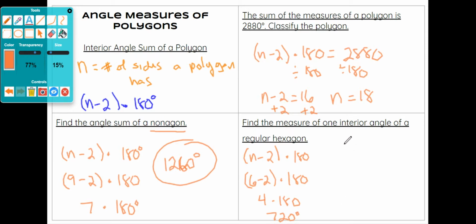Now, this is a regular hexagon, which means it's equiangular and equilateral. So we take 720 divided by the number of sides, 6, and we find that each angle is 120 degrees.